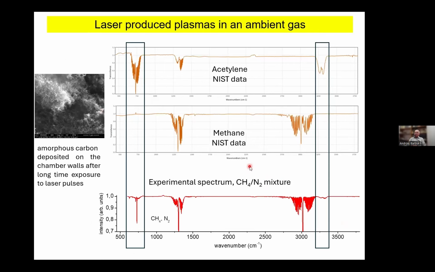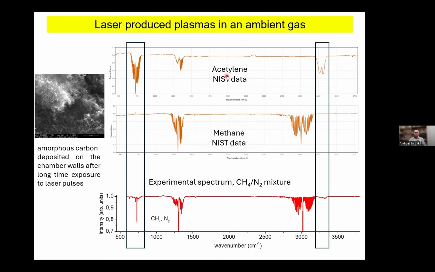There was also an experiment where we irradiated the CH4 and nitrogen mixture, and we also measured what was formed in the chamber. You can see here some part of the spectra corresponding to formation of acetylene, which was not present in the initial gas mixture. It means that it was formed there.